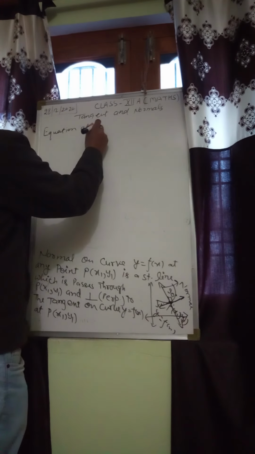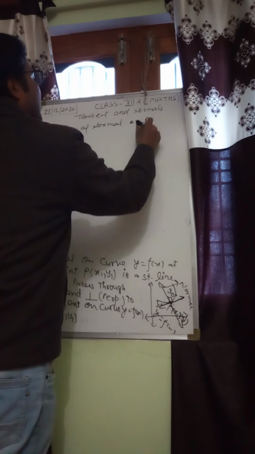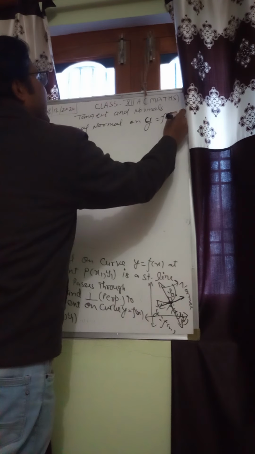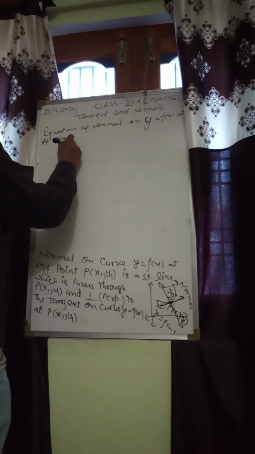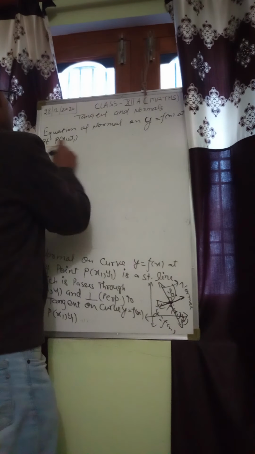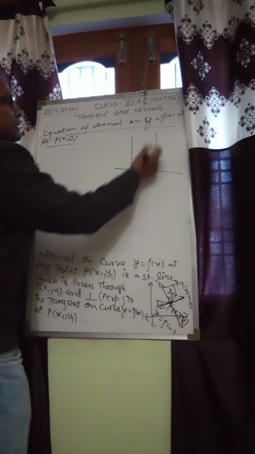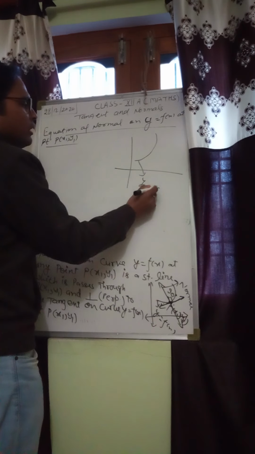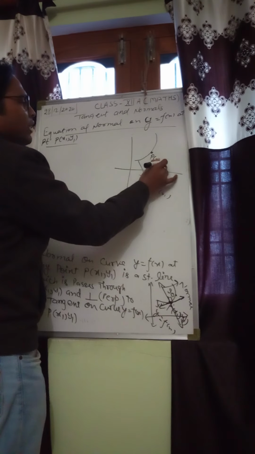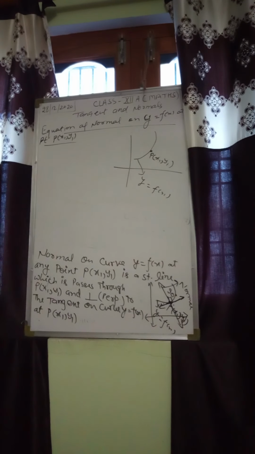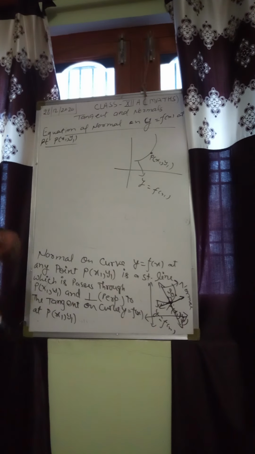Equation of normal on curve y is equal to f(x) at point P(x1, y1), we have to find out. Okay, see again, I am going to explain you. That is the curve y is equal to f(x) and that is the point P(x1, y1) where we want to find out the equation of normal.